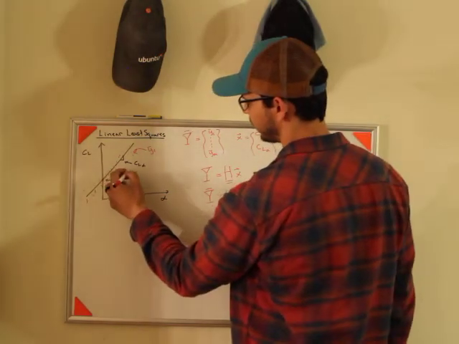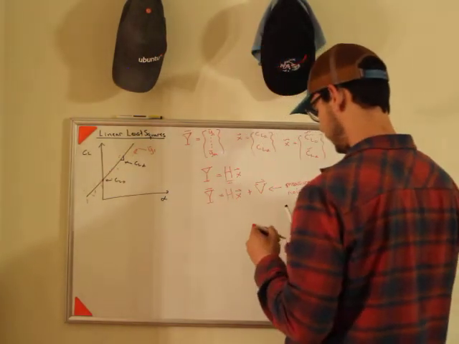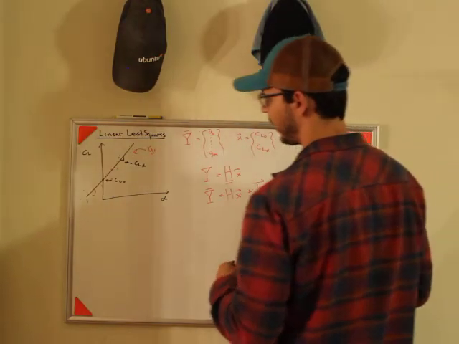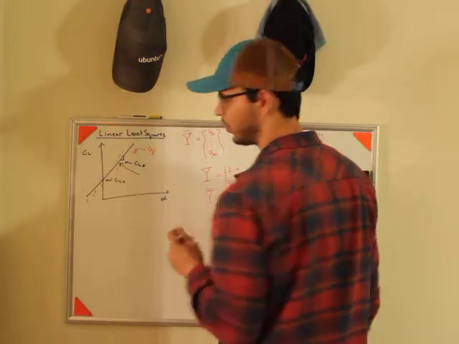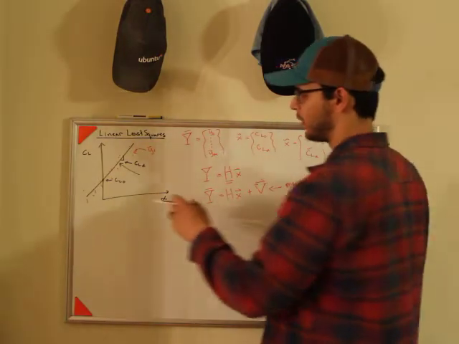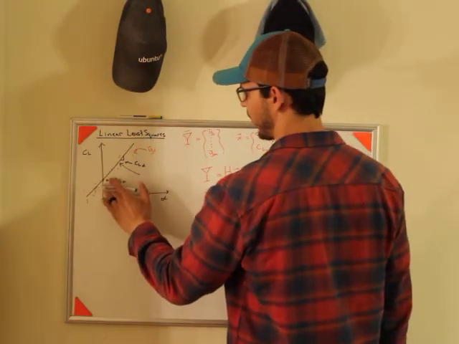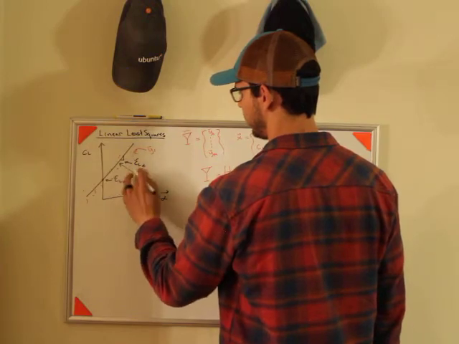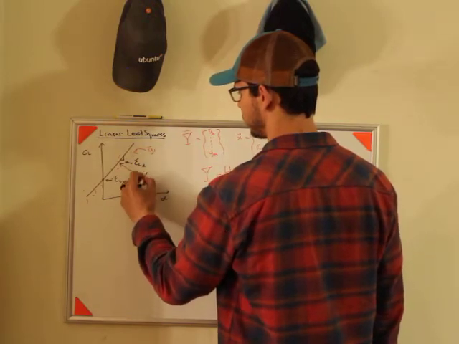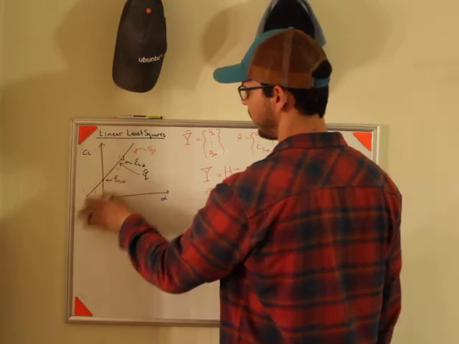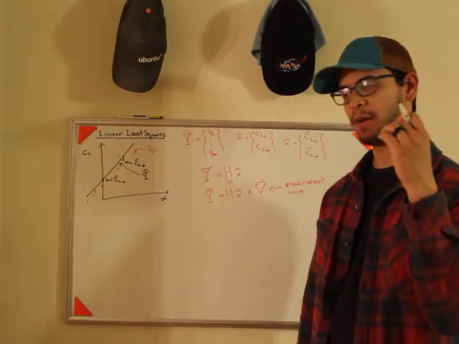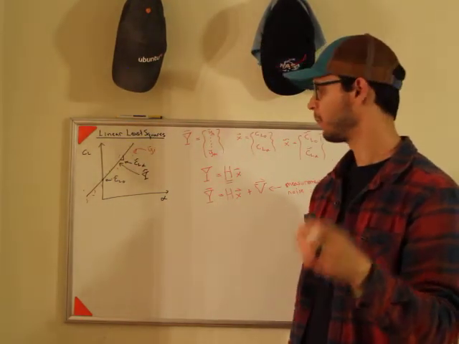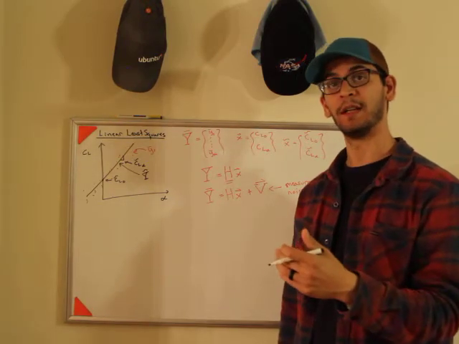Now this black line here is not actually the truth. It's what I'm considering to be the regression equation, where that black line is my best guess at how that line goes through those data points.